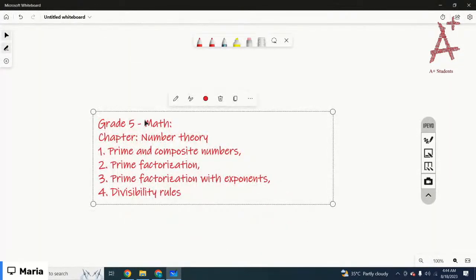The lessons we have covered today are prime and composite numbers, prime factorization with exponents, and divisibility rule, right? So please make sure before the next session you complete all the test questions for the lessons we did today.